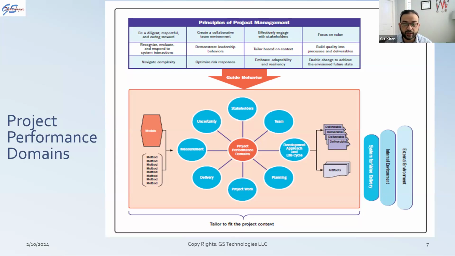Can anybody tell me what's the method of engaging with the stakeholders effectively? Face-to-face meetings, or one-on-one meetings, or team meetings, basically? Regular communication. Yes, meetings are communication, so communication is key. We said that we will prepare a communication plan. That's one of the things that you have.